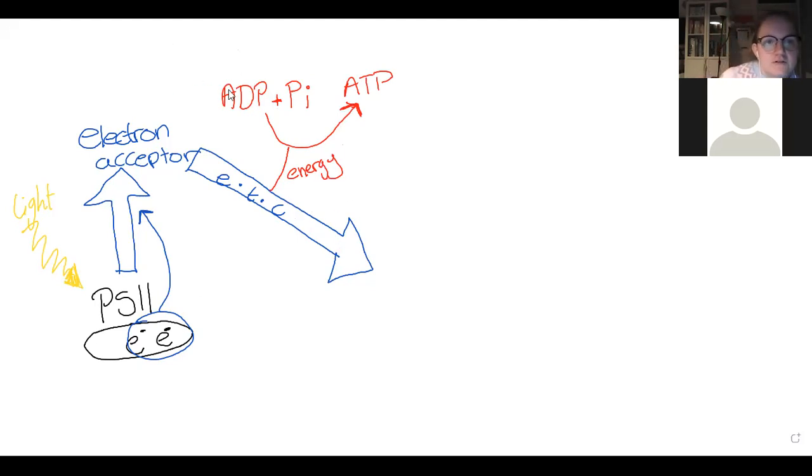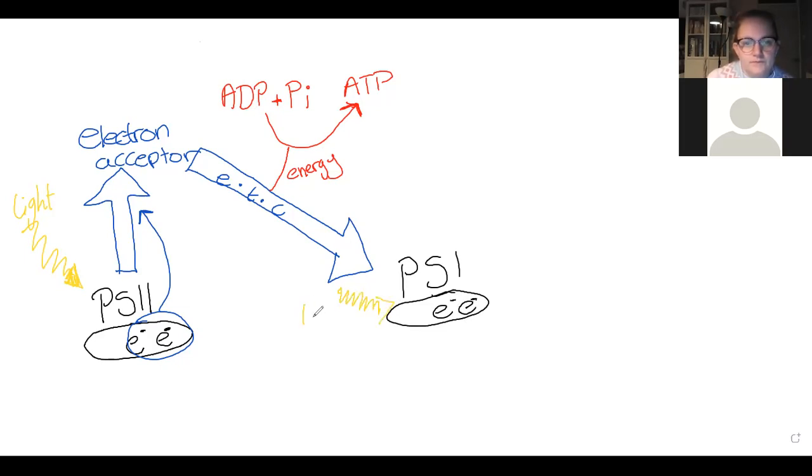Then photosystem 1 gets involved. We've got PS1, and in PS1 we've got these electrons again. They get excited by light energy hitting them, and they rise up to an electron acceptor.